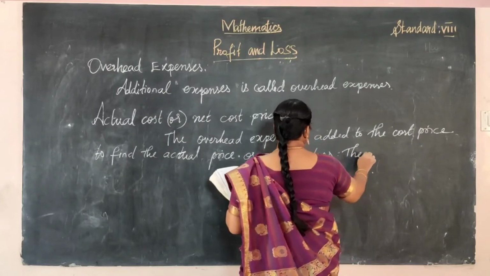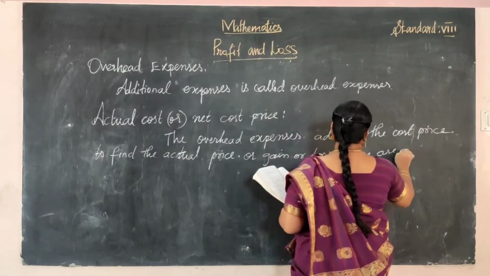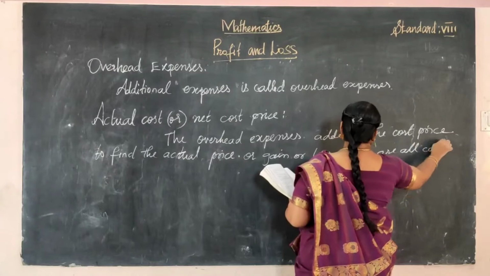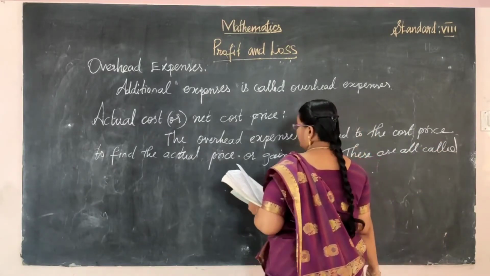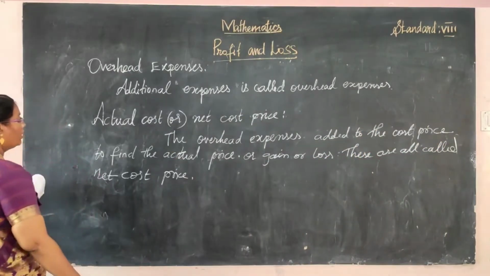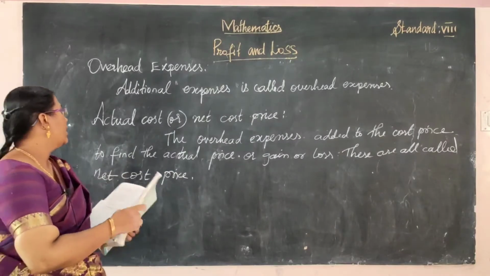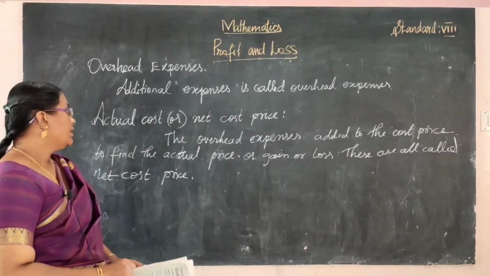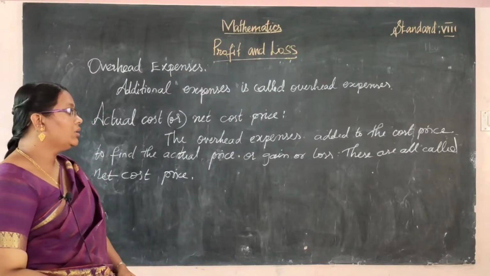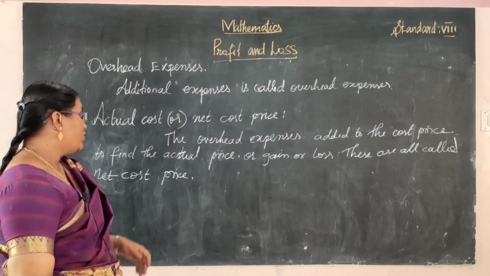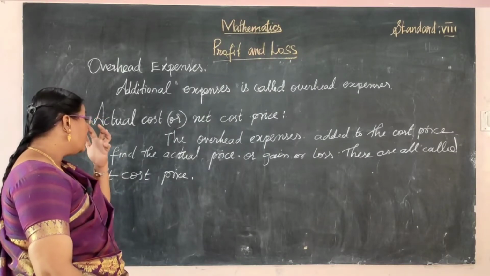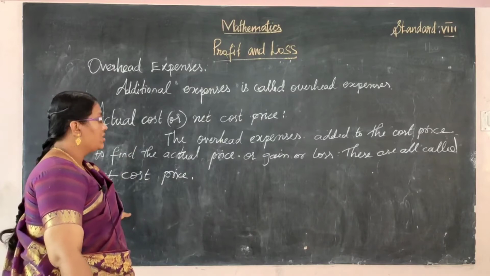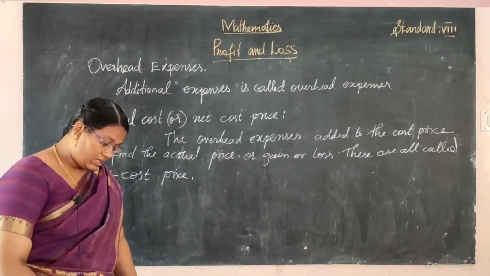So what are called the net cost price and actual cost price? The overhead expenses added to the cost price to find the actual price for gain or loss. These are all called the net cost price.